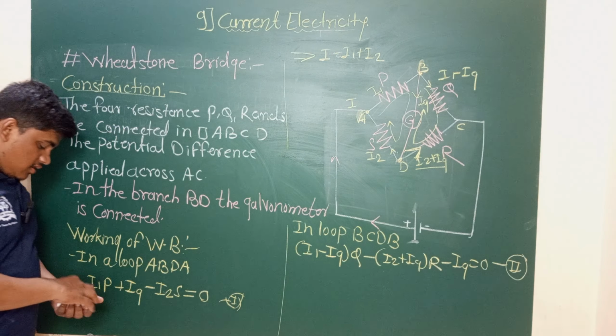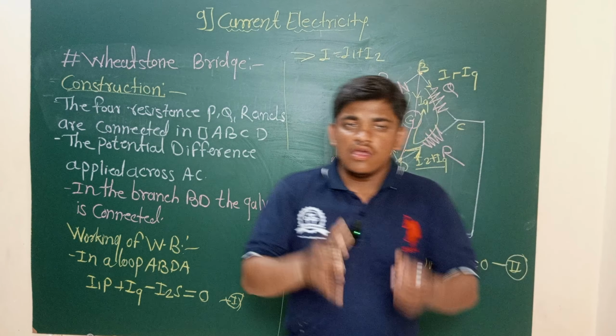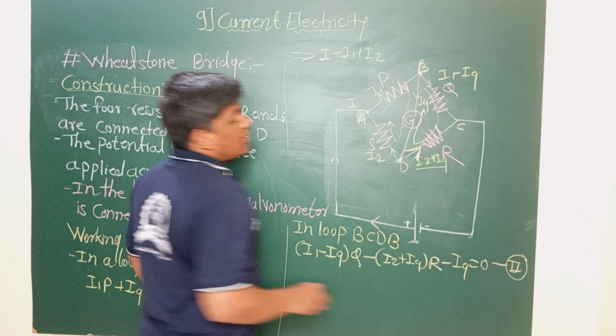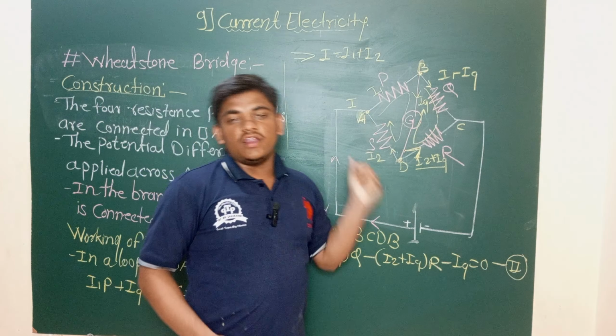And when we study the balancing condition, the bridge is under the balancing condition, that means zero current, or no current, in the fifth resistance.